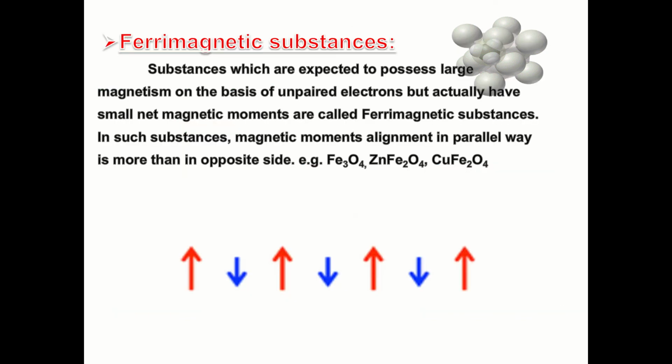The last type of solids are ferrimagnetic solids or ferrimagnetic substances.